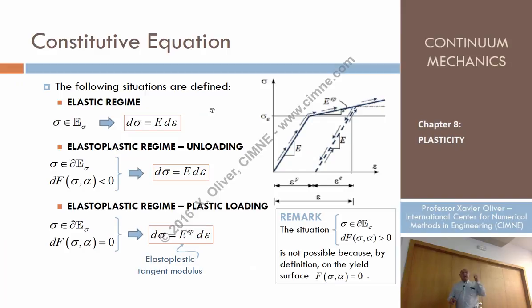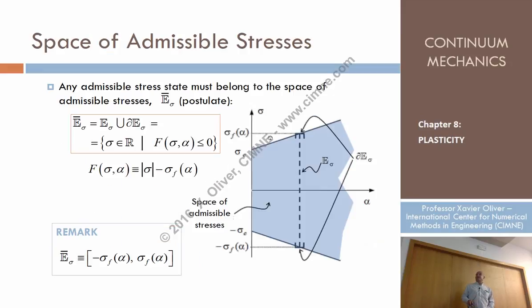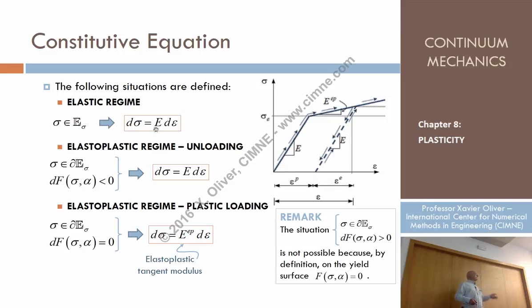Okay, so now we can take decisions about that. Now we postulate the following. If we are in the elastic regime, so if sigma belongs to the elastic domain, that is, in other words, if f of sigma alpha is strictly smaller than 0, then we postulate that the behavior incrementally is elastic.